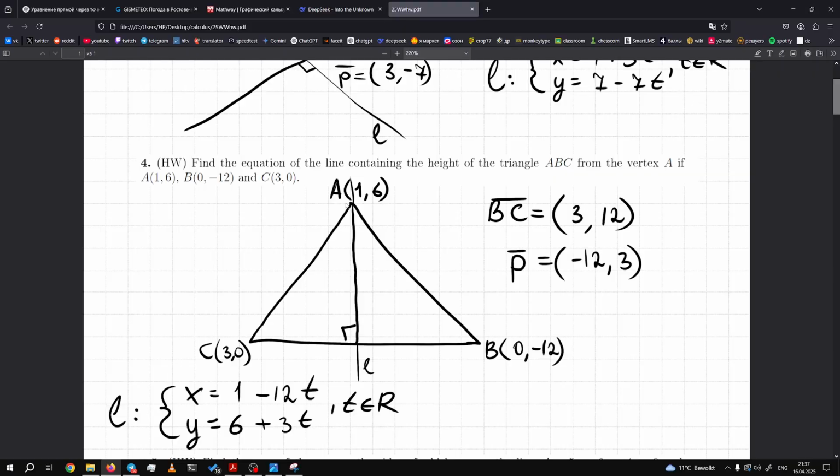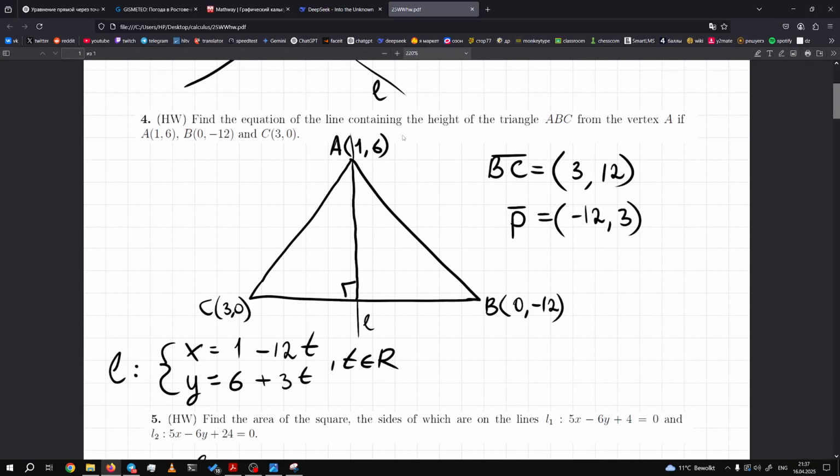Find the equation of the line containing the height of the triangle ABC from the vertex A, and we have points A, B, C. So this is triangle ABC, and its height is this one. It's 90 degrees there, and it's pretty much the same task.